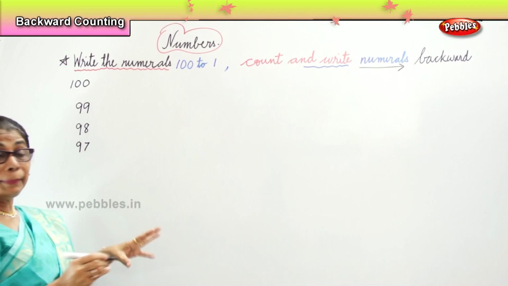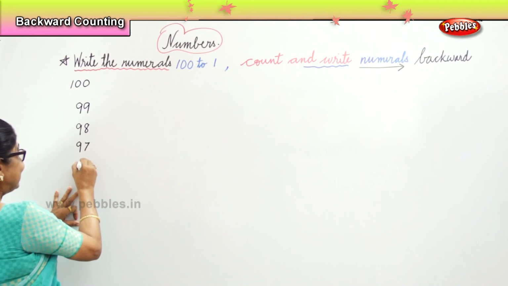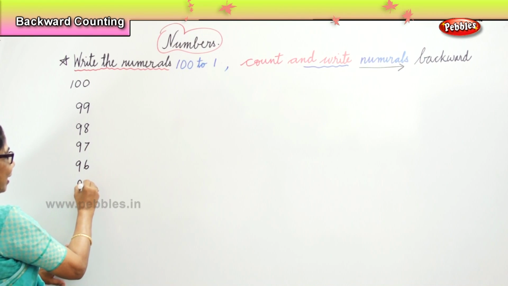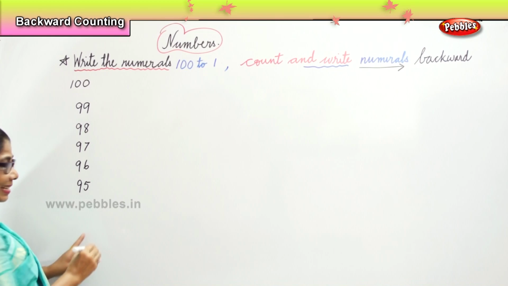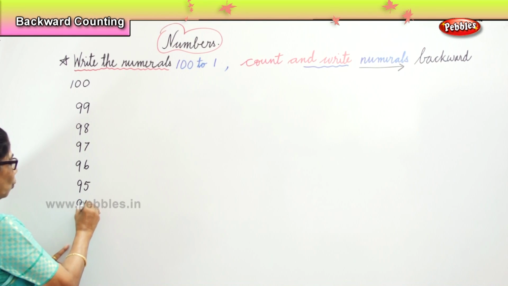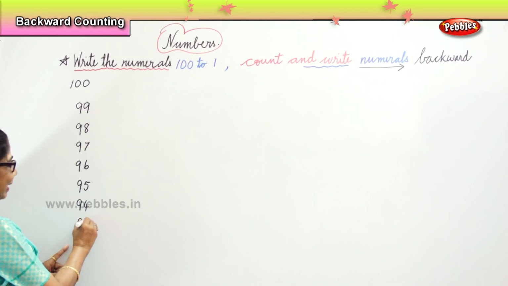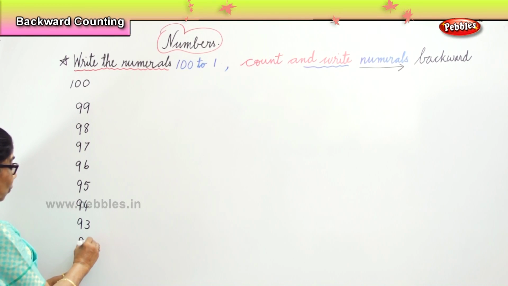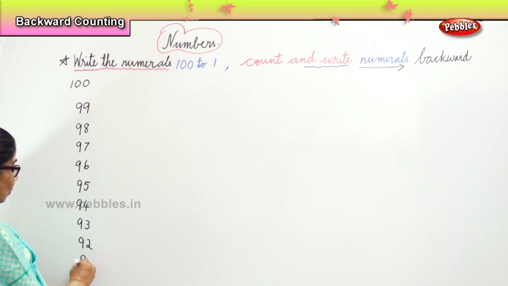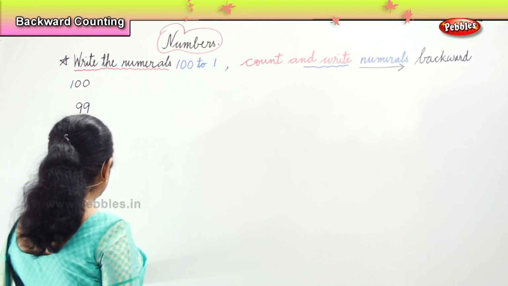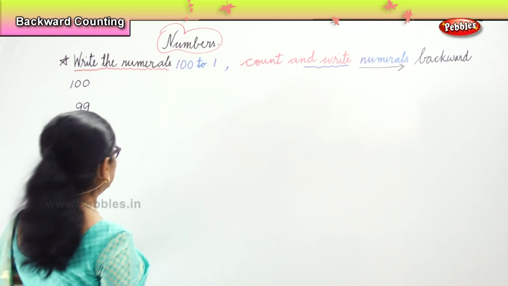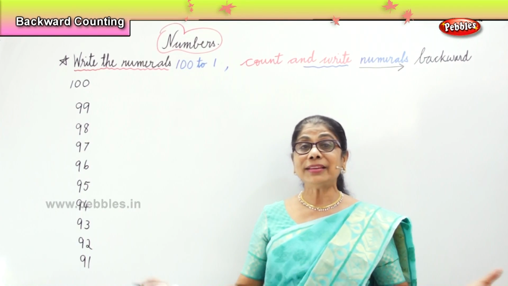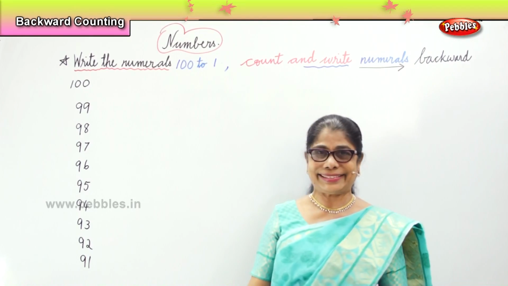You are following a pattern. 1 less. 96. 1 less. 95. 1 less. 94. 1 less. 93. 1 less. 92. And 1 less. 91. Now what we did here is counting and writing numerals backward, every time 1 less.